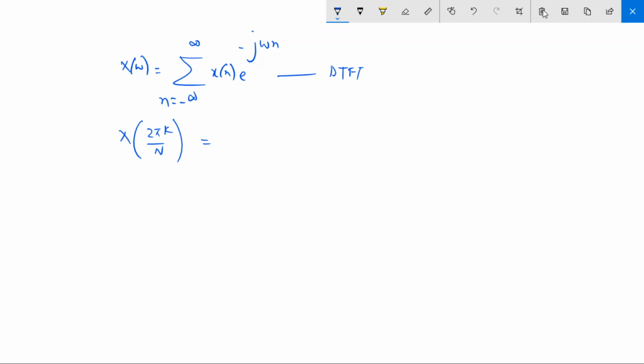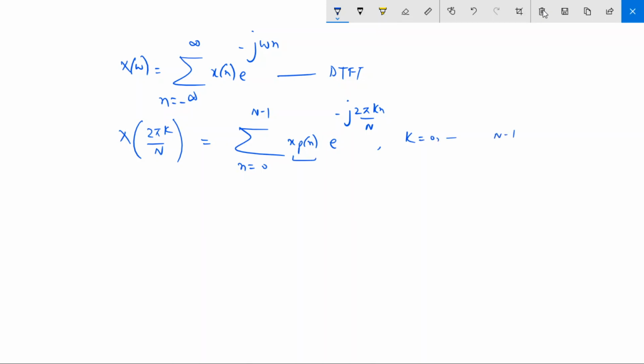Okay. And this equation we finally got like this. It was summation n from 0 to n minus 1 xpn e raised to power minus j 2 pi k n by n, where k was from 0 to n minus 1.